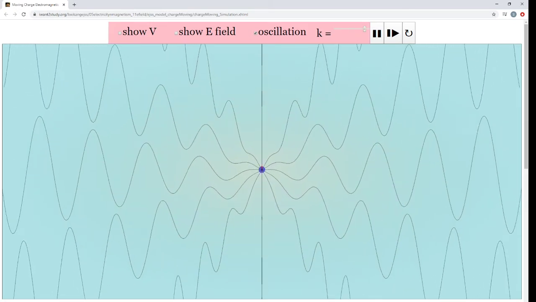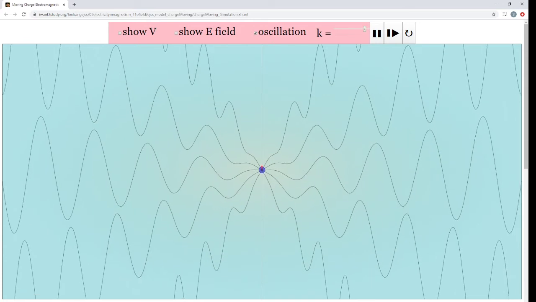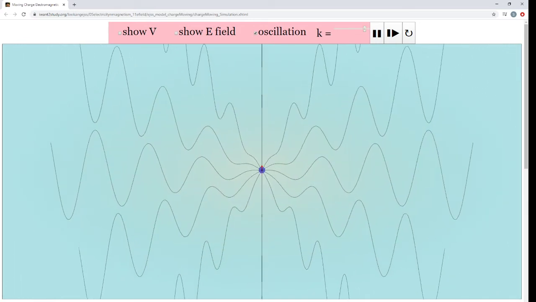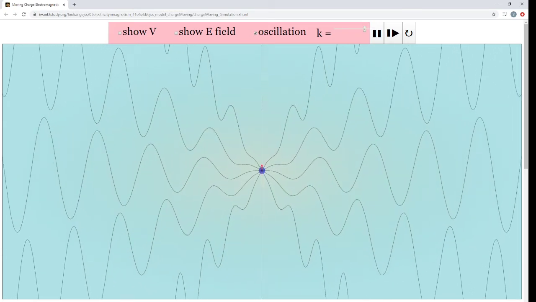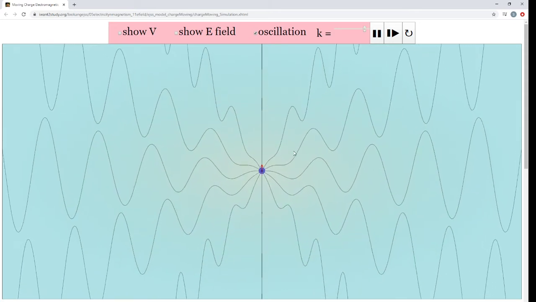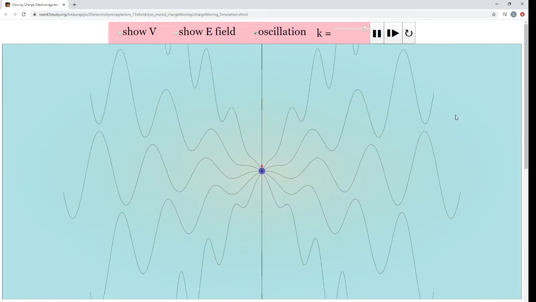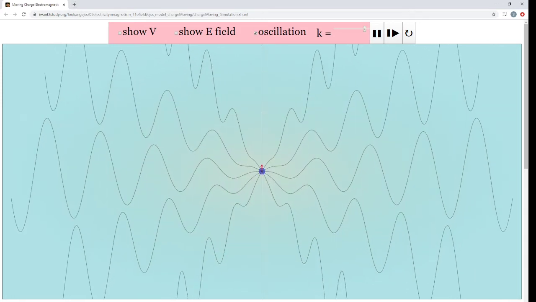So this means that everything produces electromagnetic waves. Now, the energy of these waves will vary. The wavelength, which we will discuss in a moment, will vary in frequency. But every object produces electromagnetic waves.